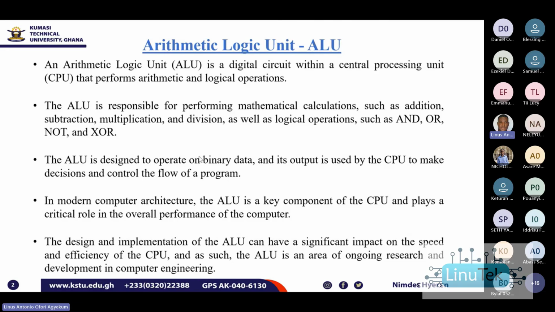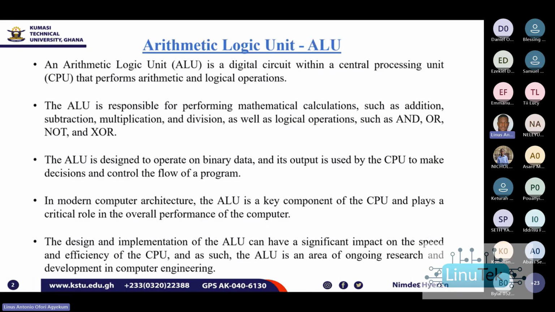So the arithmetic logic unit is basically a digital circuit, okay? It's a digital circuit which is capable of performing arithmetic and logical operations. When we talk about arithmetic operations, we are talking about basically addition, subtraction, division, multiplication, etc. And when we talk about logical operations, we are looking at operations that are performed using logic gates, okay?